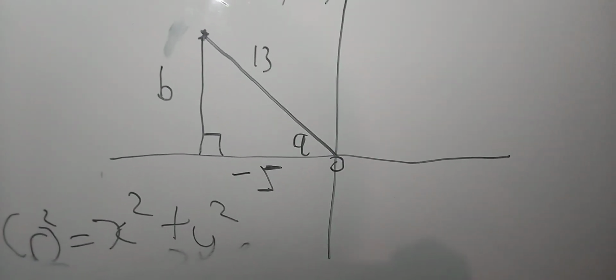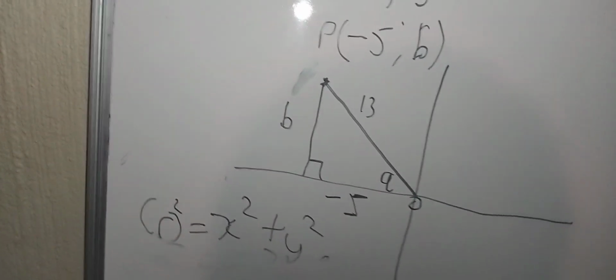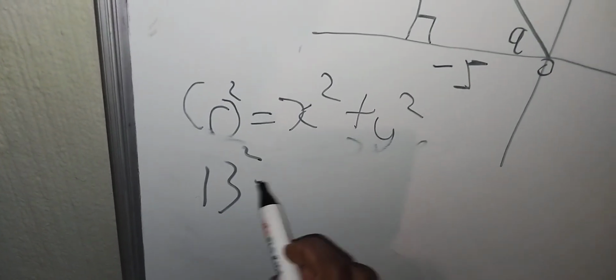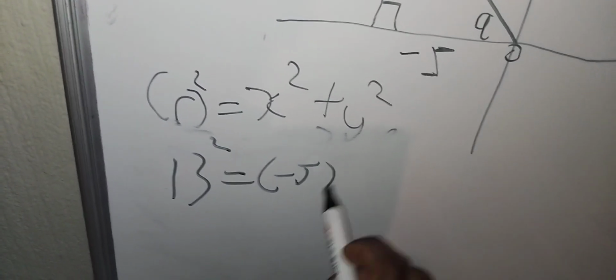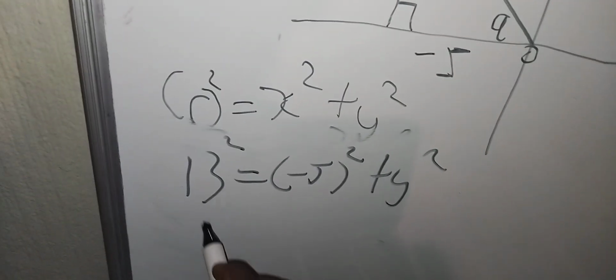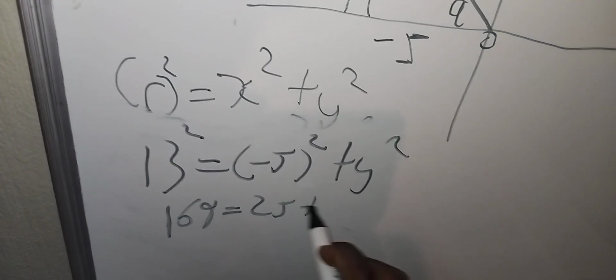So we have r squared, which is our hypotenuse. We're going to say that we now have 13 squared is equal to (-5) squared, because it's on our x-axis, plus y squared. This becomes 169 is equal to 25 plus y squared.